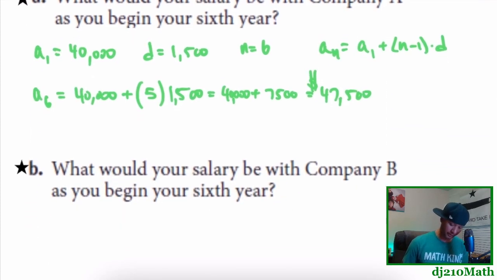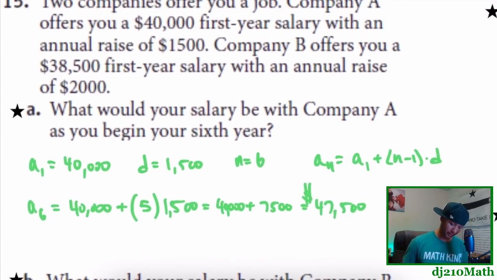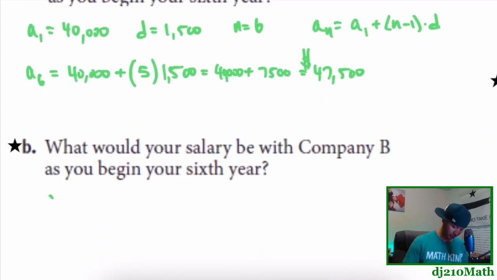What would the salary be with company B? All right, so 38.5 is a sub 1. Common difference again is 1,500. n is equal to 6.